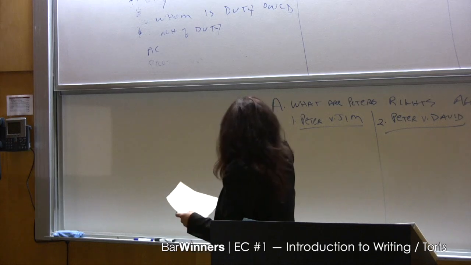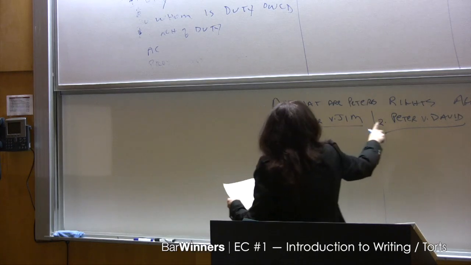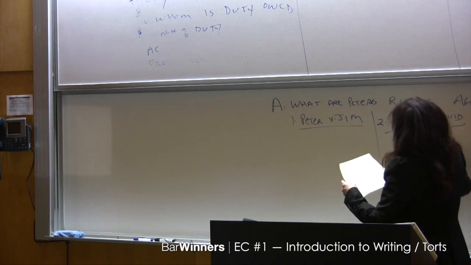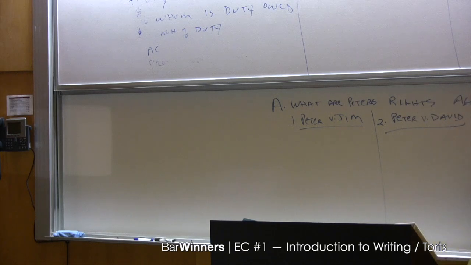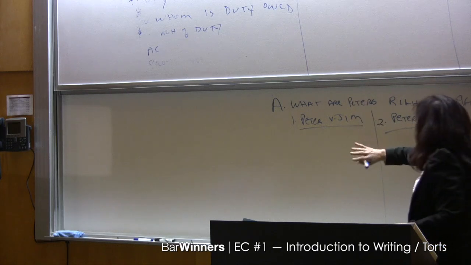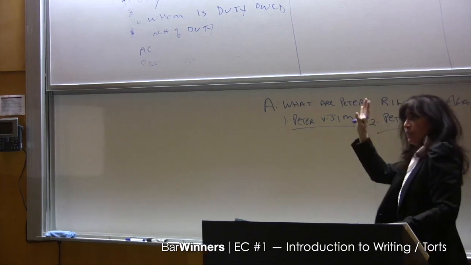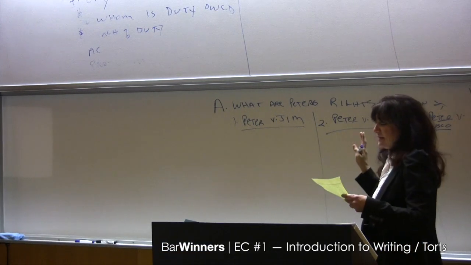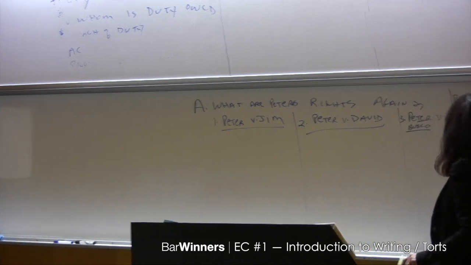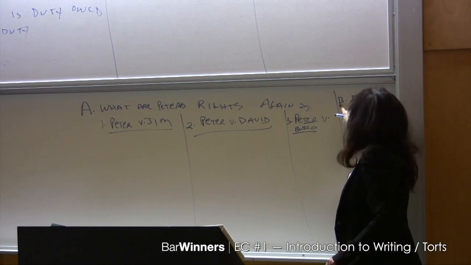And he has A, 1, Peter versus Jim, 2, Peter versus David, but then he has Peter versus Busco with no number 3. Remember I said you have to number exactly like the bar? Because your grader could go get a drink of water and come back and go, wait a minute, what number am I on? And the last column, you have David versus Peter with no B.